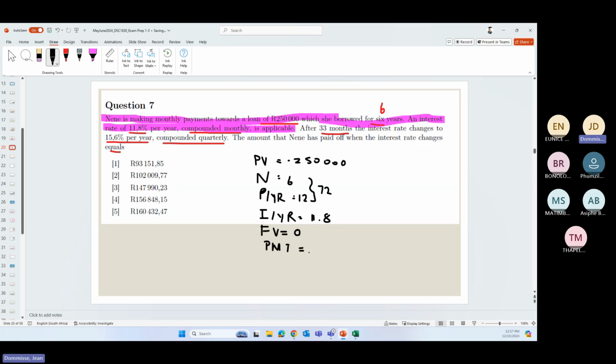So that is 72 periods, 11.8% interest per year. So then our PMT I get is 4861.59.